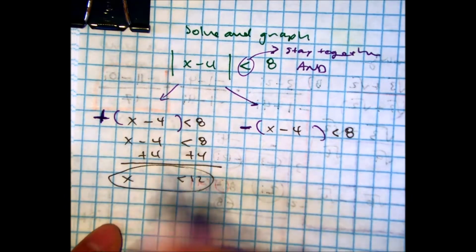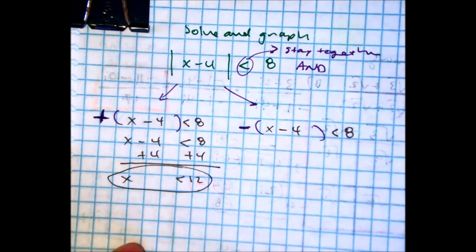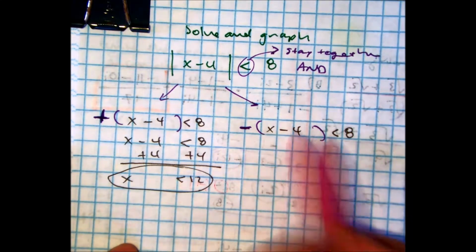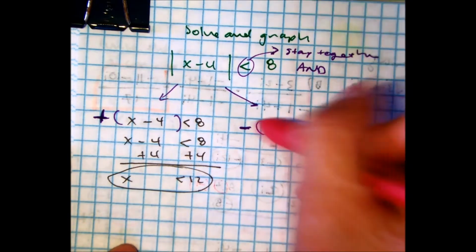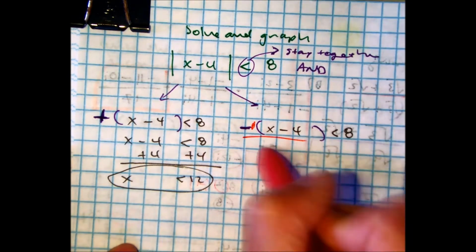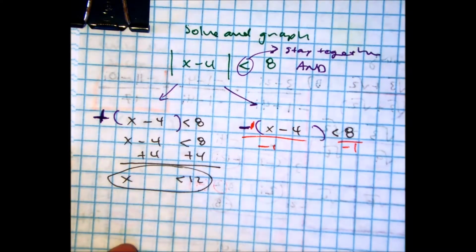Okay, we got one clue. What do you want to do over here? Someone said distribute. I don't want to distribute. You can, it's not wrong. I'll tell you why I don't distribute, because you can make a mistake on the signs on the inside. I'll divide by -1. If you distribute, that's fine, we'll get the same answer.